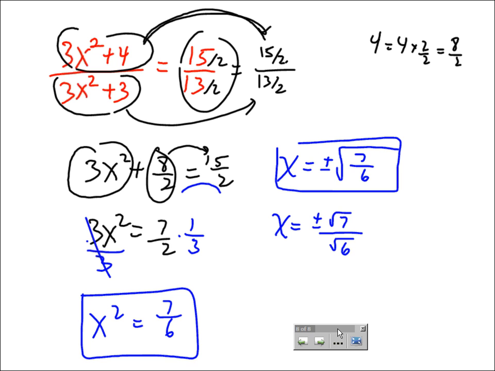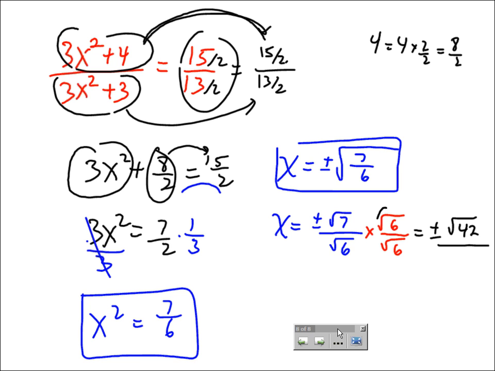that is, if you want to change the way that looks, you multiply by 1. The representative for 1 I'm going to pick is square root of 6 over square root of 6. So on the top, I get the square root of 7 times the square root of 6, which is the square root of 7 times 6. 7 times 6 is 42.